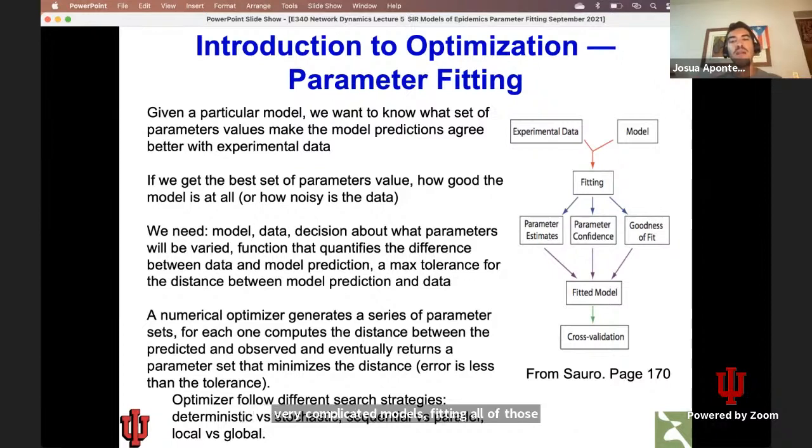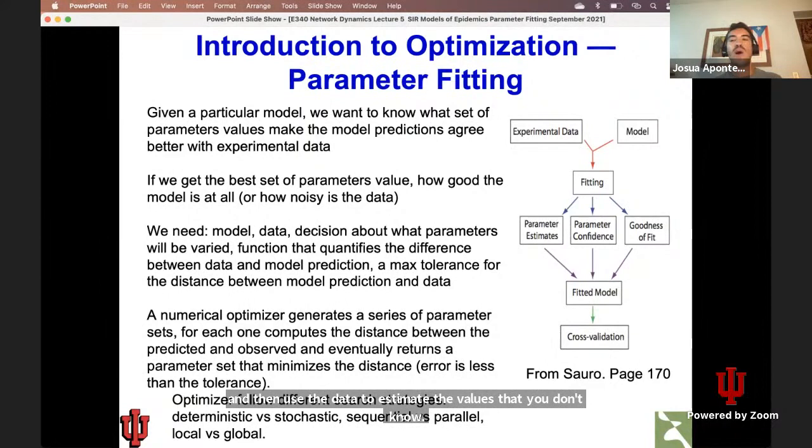Depending on the model and the data, you might have prior and independent knowledge of what some of the values of these parameters are, and you might be able to fix those values and then use the data to estimate the values that you don't know.